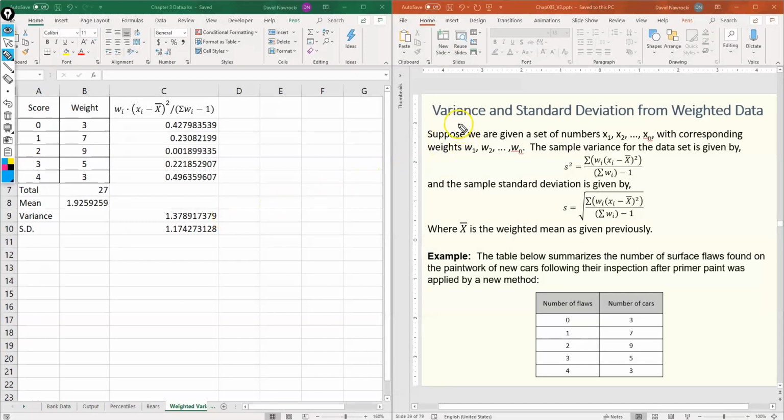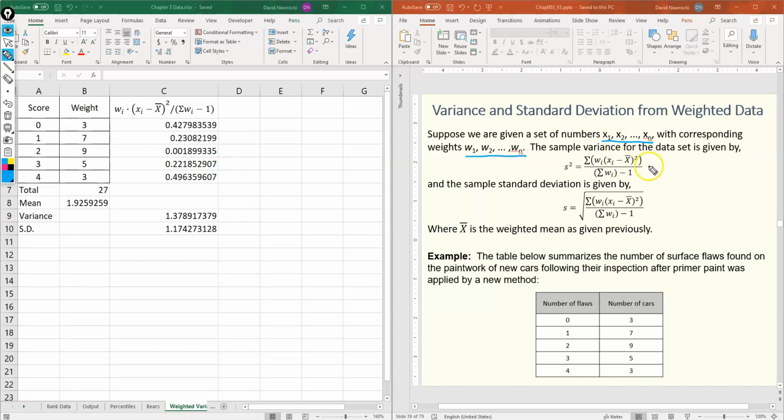Now here we're going to look at how to calculate the variance and standard deviation from weighted data. So suppose we're given a data set with values x1 through xn with corresponding weights w1 through wn. Now once again, you can think of the weights as representing how many times each score is counted in your data set.